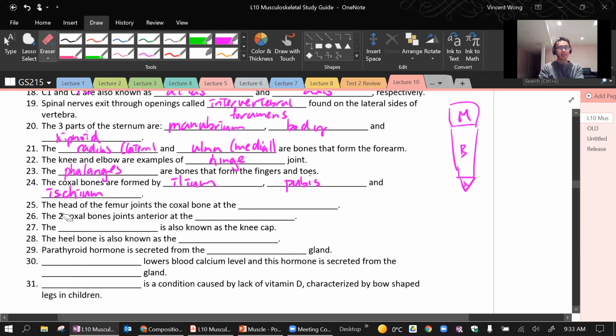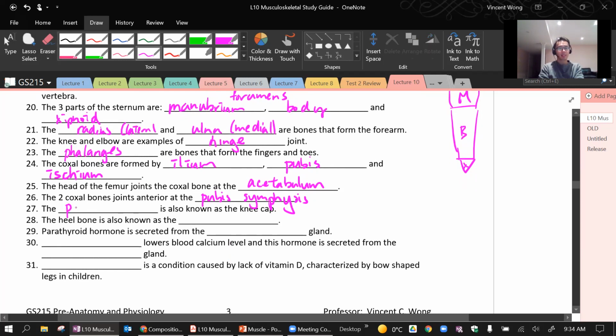The head of the femur joins the coxal bone at the acetabulum. The two coxal bones join anteriorly at the pubic symphysis, the one that was not joined.